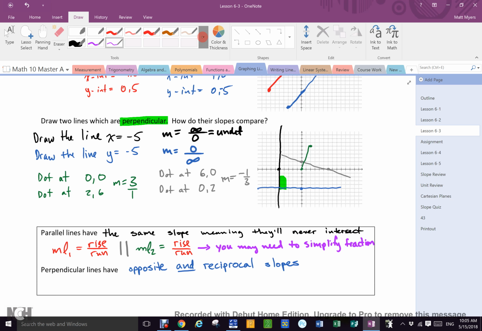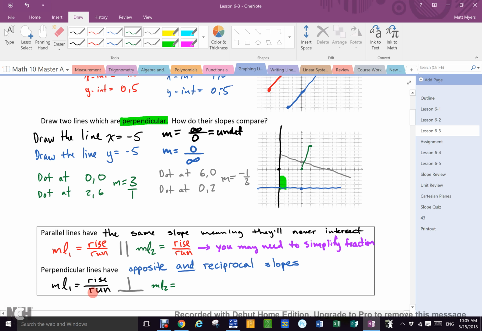Perpendicular lines are different. If the M of line 1 equals rise over run, and they are perpendicular to each other, which is what that symbol means, then what is the M of line 2 compared to this one?